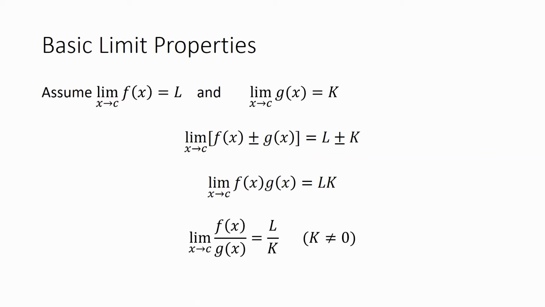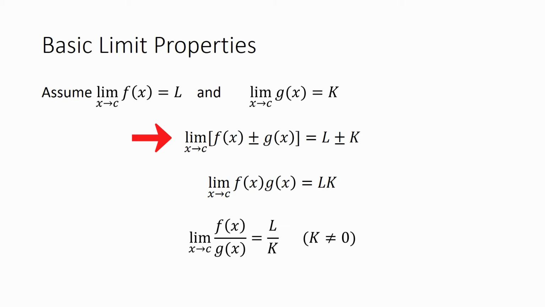If I have two functions and I take the limit of those functions as x goes to the same value, so x has to be traveling to c on both of these limits, and if they both exist, and for instance the limit of f of x as x approaches c is L, and the limit of g of x as x approaches c is k, then you can take the limit of the sum of the two functions and just add up L plus k.